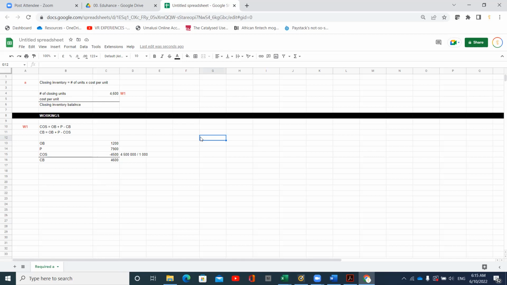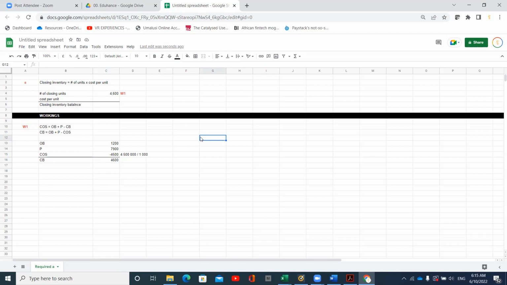What is the cost of a product? What does the cost of a product include? So remember, the cost of a product includes three things. So production cost of a product includes three things: direct material, direct labor, and manufacturing overheads.